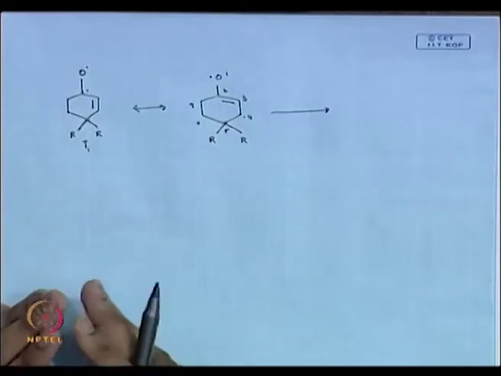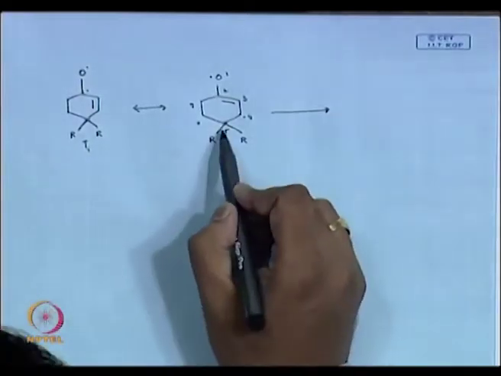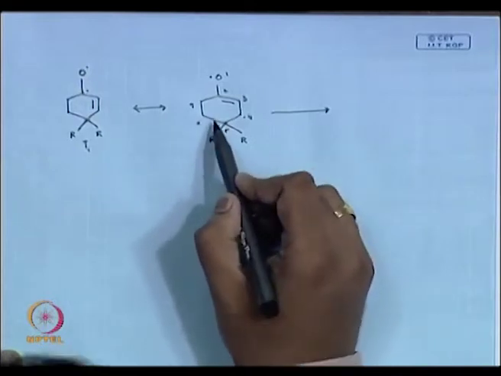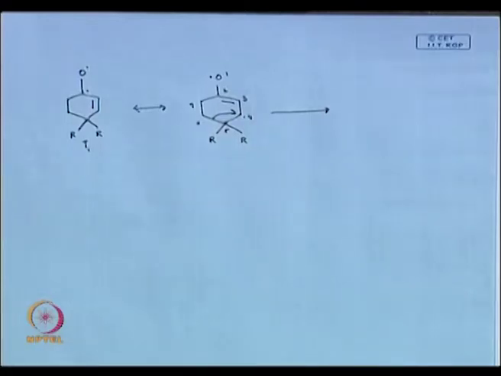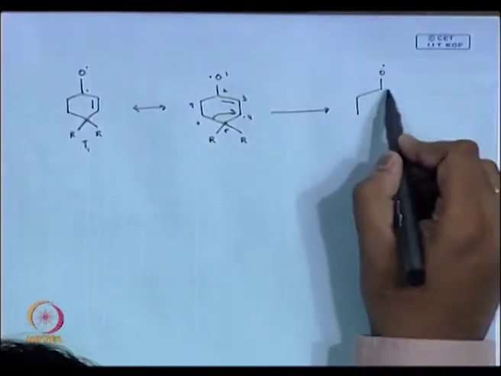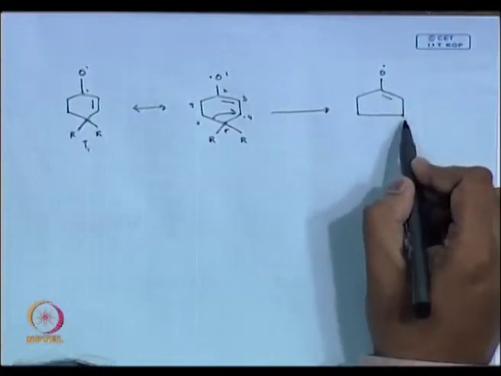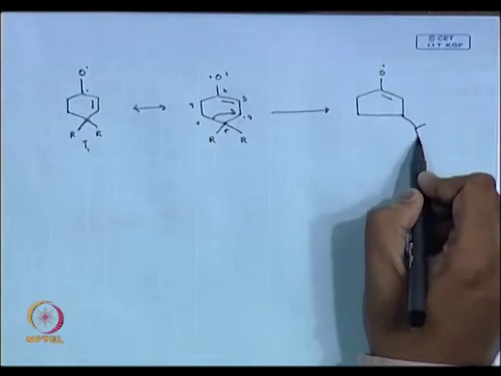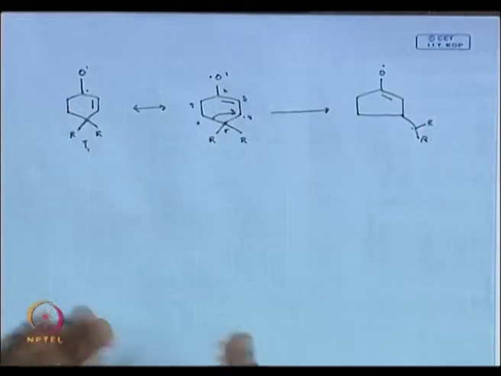If R is something like hydrogen or methyl, then you don't see much migration. This C5-C6 carbon shifts, it's a radical, shifts like this to give me O dot. As you thought, R migration is possible. We should think about which R we are looking for.